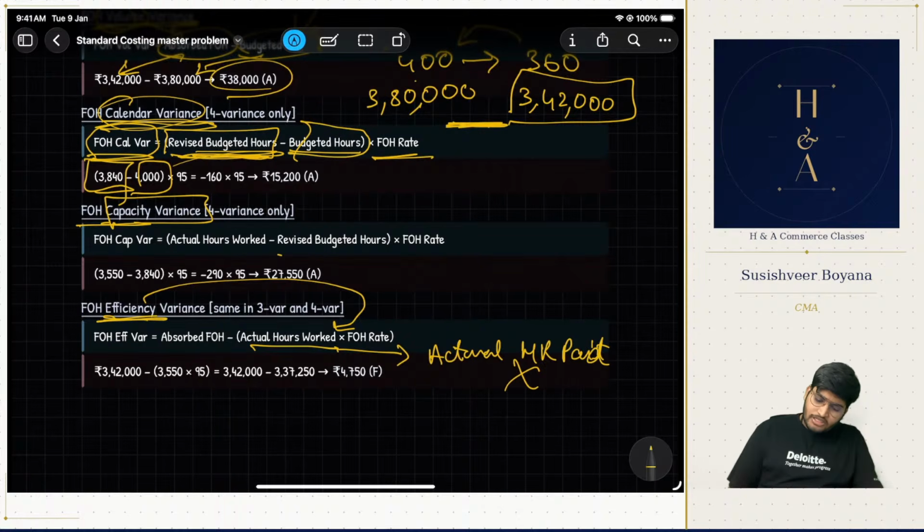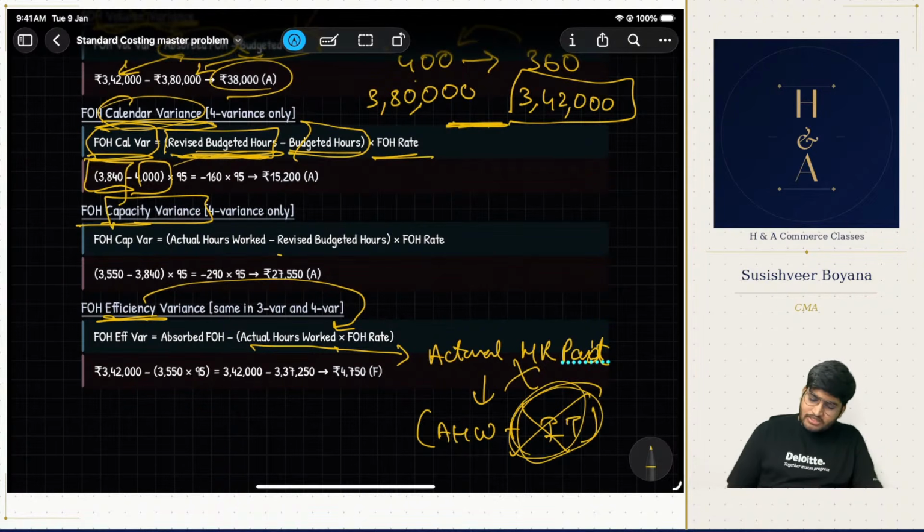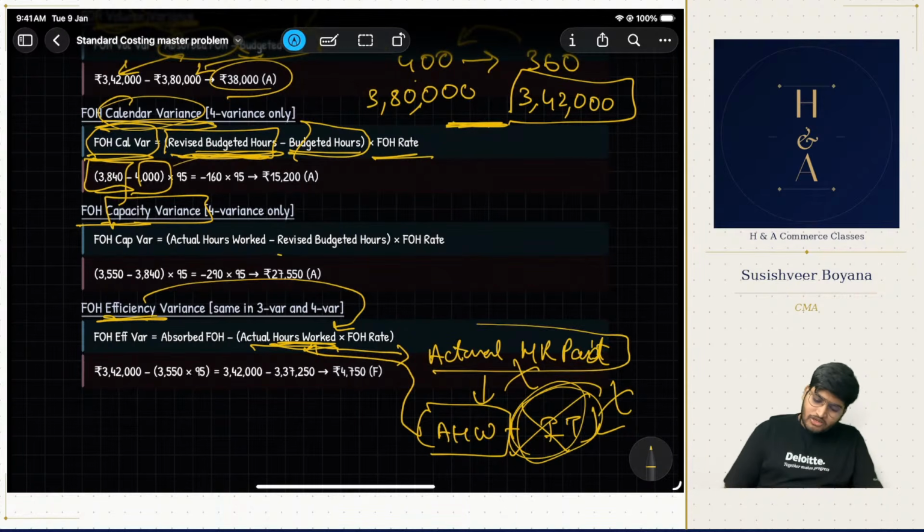It is never going to be that because this includes actual hours worked plus idle time. We don't want to consider idle time because idle time has no efficiency. There is no output generated. Only actual hours worked is what we have to consider. You have to understand why we are taking actual hours worked. If not, in the exam you're again going to be confused. Should we take actual hours paid or actual hours worked?